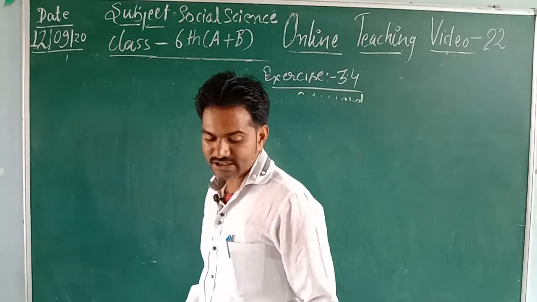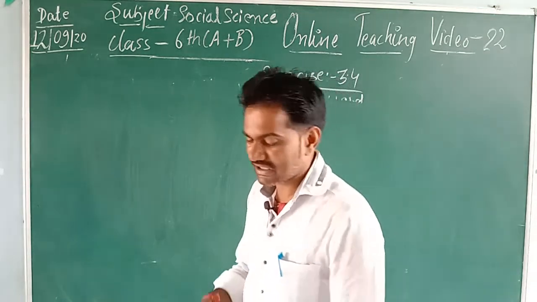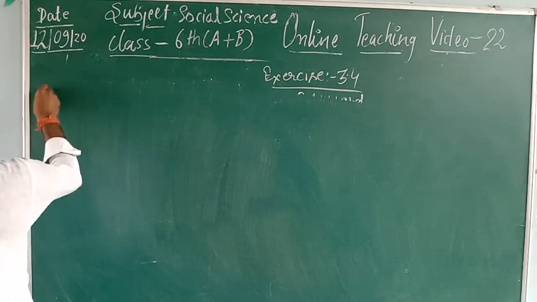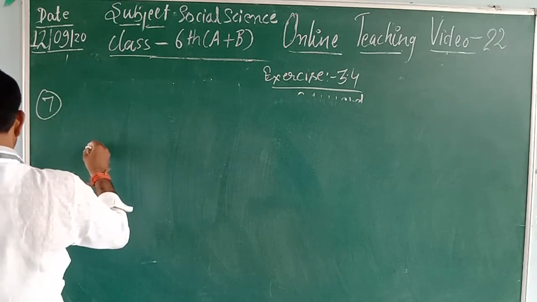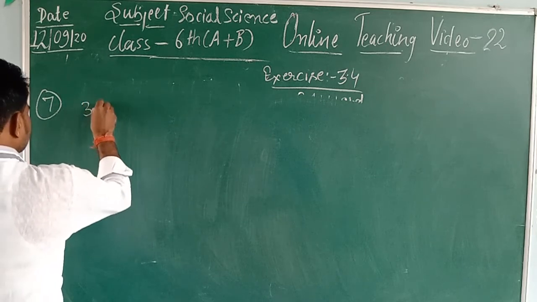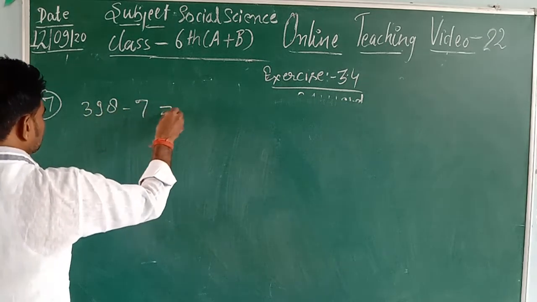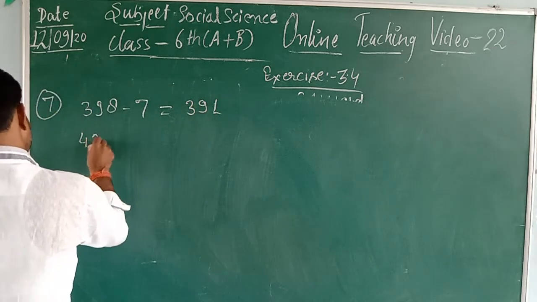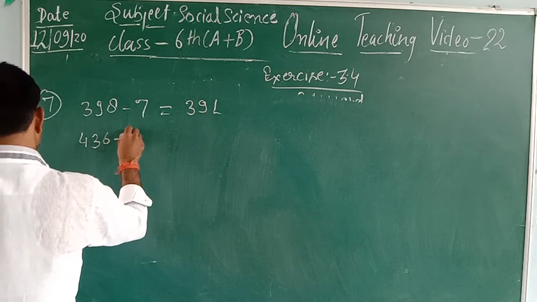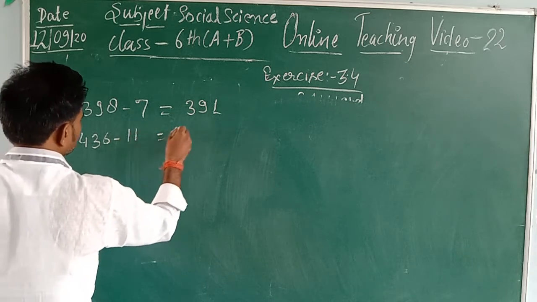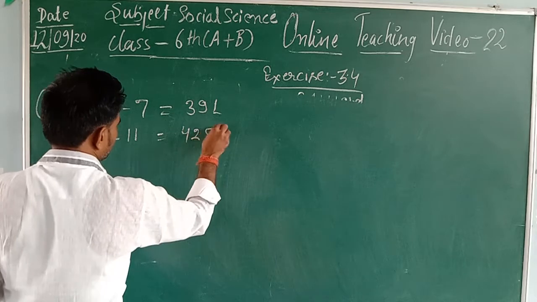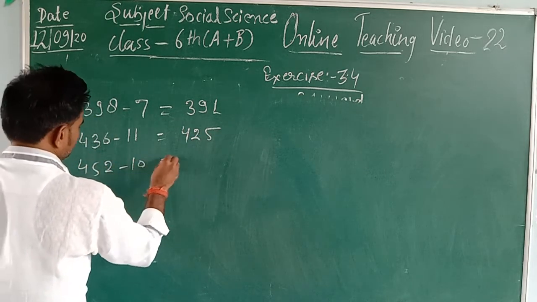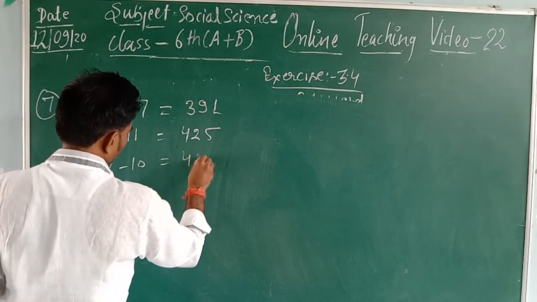This is also a similar question to question number 6, so here I will give you some guidance to solve it. 398 minus 7 is 391. 436 minus 11 is 425. 452 minus 10 is 442.